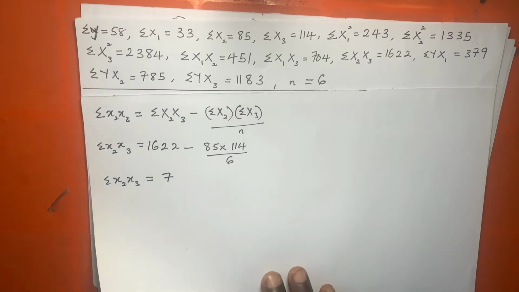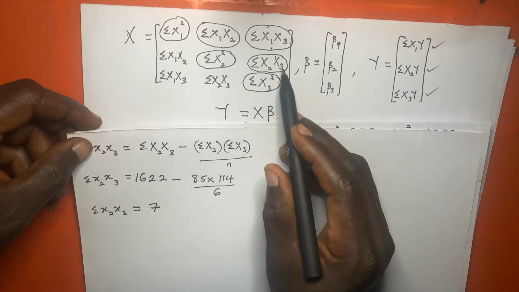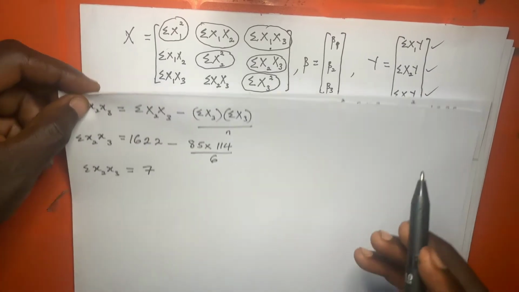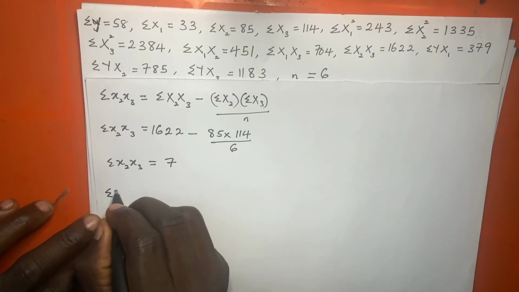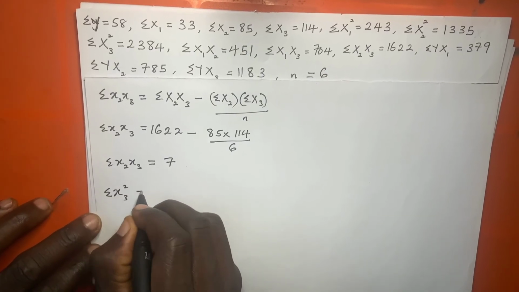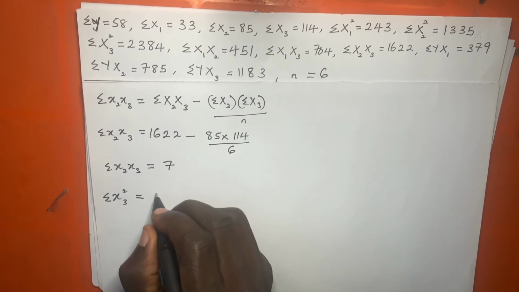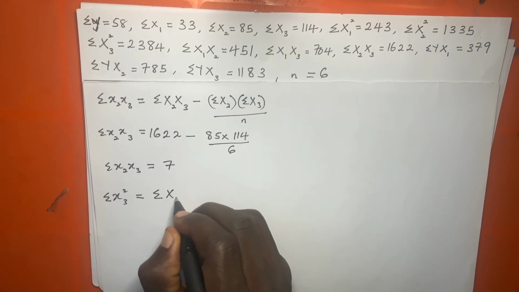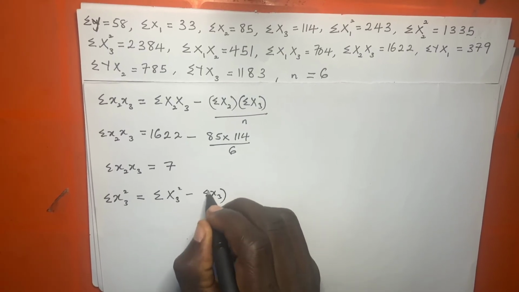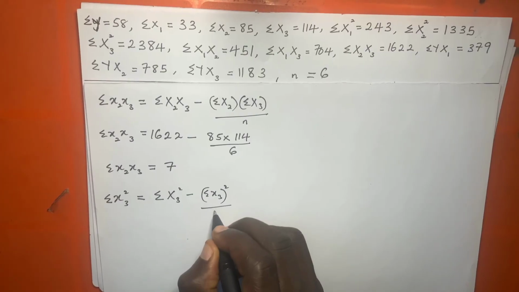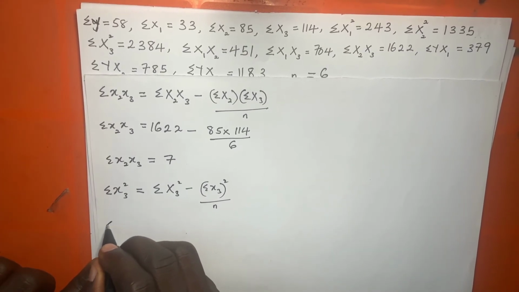Now the next one, we have calculated x2 x3, so we need summation x3 square. Summation x3 square equals summation x3 square minus summation x3 all square divided by n.